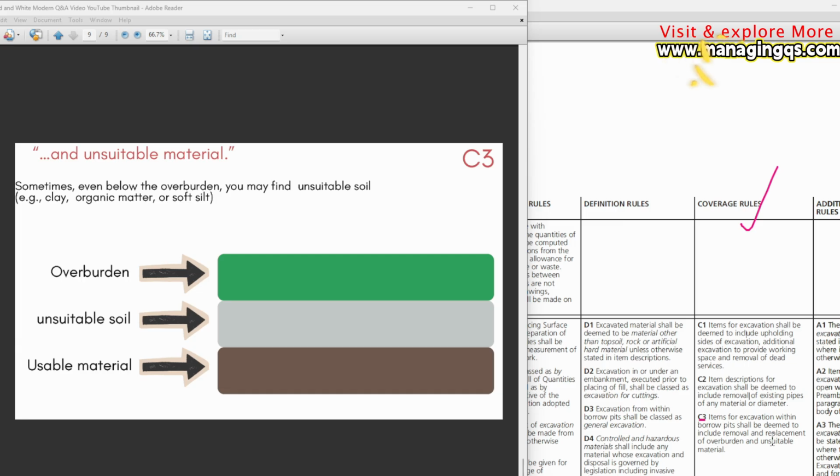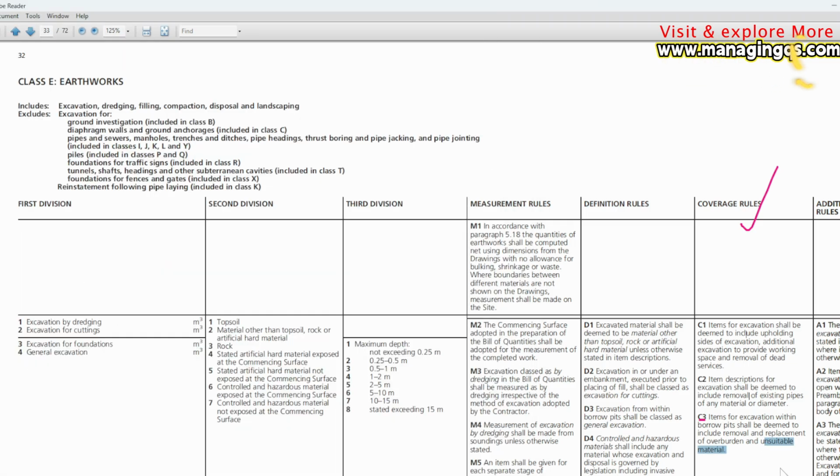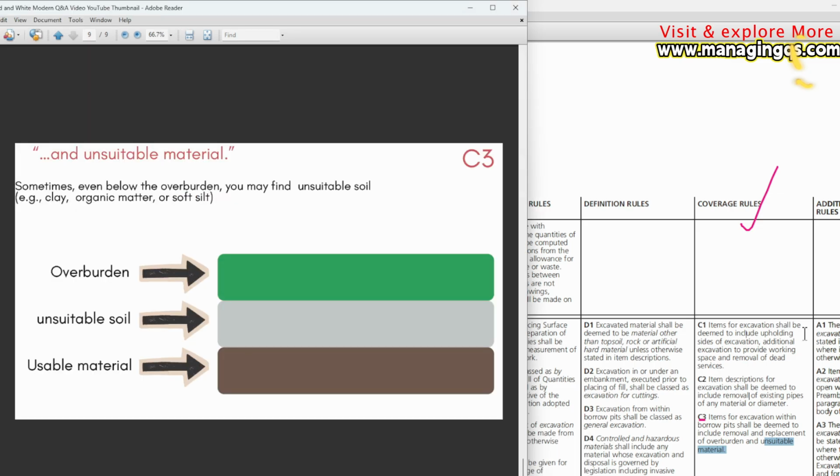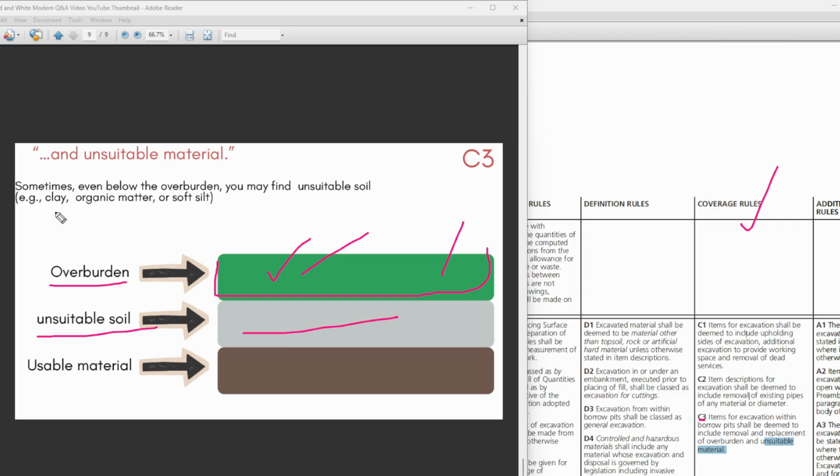And also there's another important term, the unsuitable soil. We can understand unsuitable soil easily from this picture. The first layer we call the overburden, the topsoil. When excavating, we first remove this overburden. The second thing is the unsuitable soil. Unsuitable soil means some clay area, organic particles, some soft silt material if you find it.